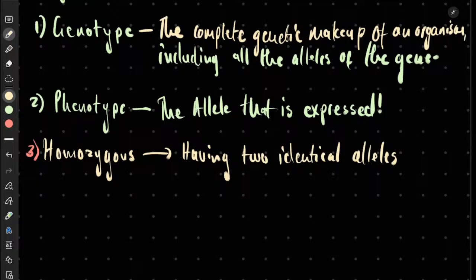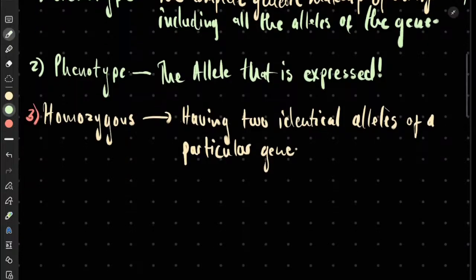Your dad gave you the allele for brown eyes, and your mom gave you the allele for brown eyes. That means you are homozygous for that particular gene. So having two identical alleles of a particular gene, that's being homozygous. When you say anything is homozygous, we want to see it having the same alleles, because homozygous means the same.